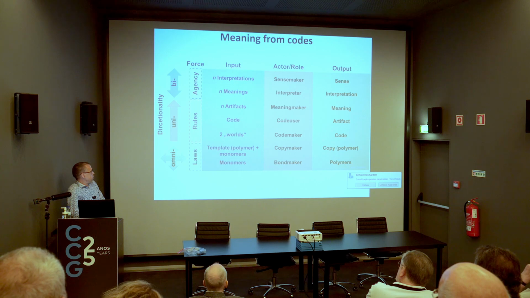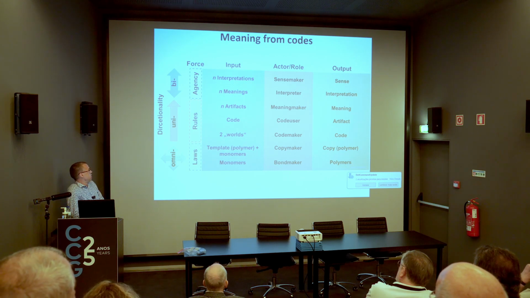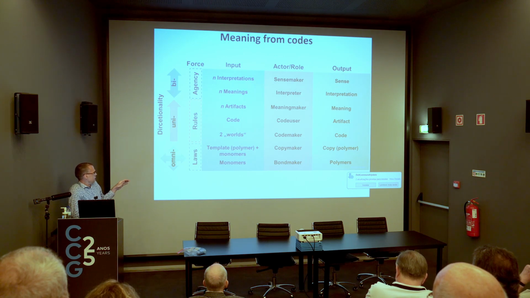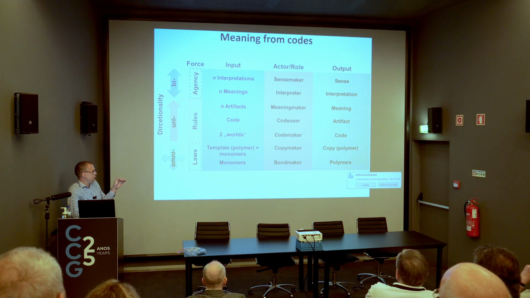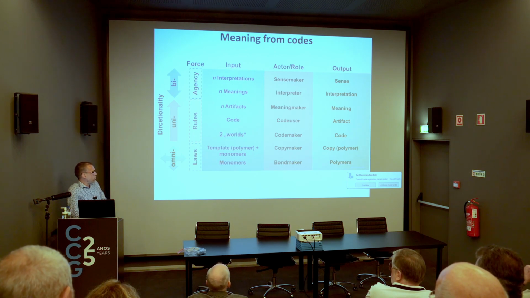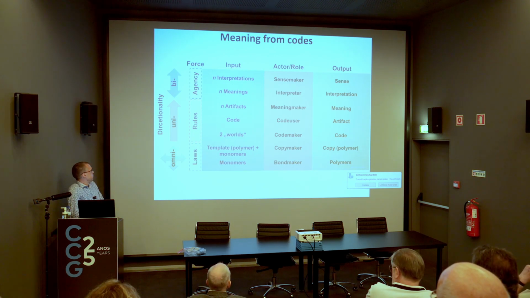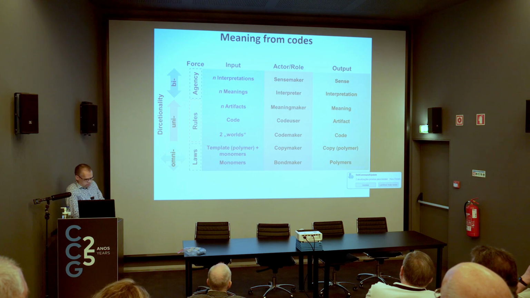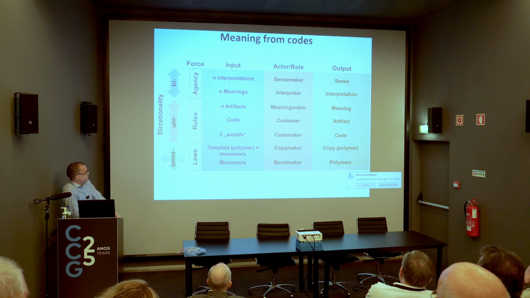It appears a bit complicated, but in effect it's quite easy. At the pre-code level, you have bond makers that create polymers, and copy makers that make copies. Ultimately you have two worlds and the code maker that makes the code. And what I call code users ultimately produce artifacts.